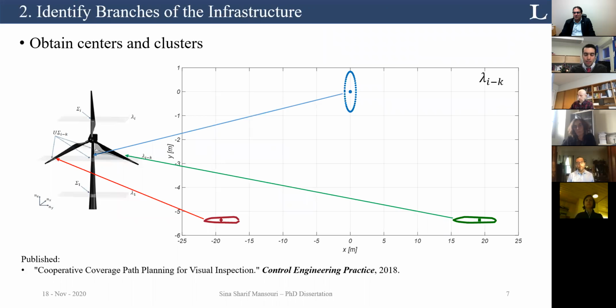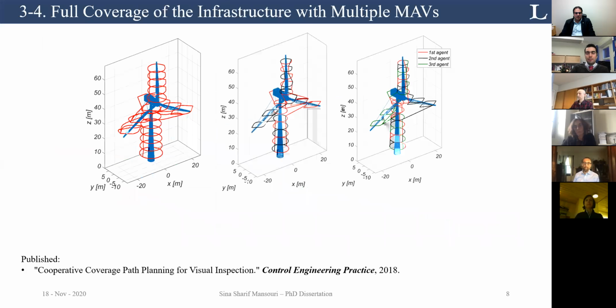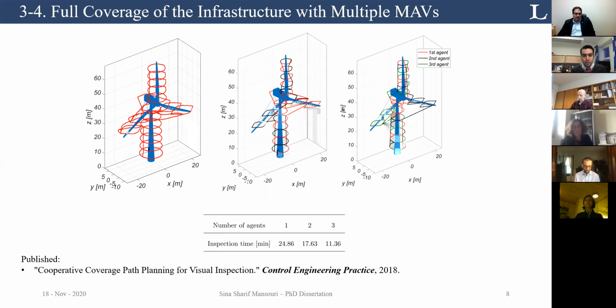So then we guarantee that we are always looking at the structure, and we can assign these different branches to different agents too. We did a simulation of the inspection of a wind turbine. It means that we import the CAD model of the wind turbine. Then we do an inspection with 1, 2, and 3 agents from left to right. And as expected, we also reduce the flight time of the mission.